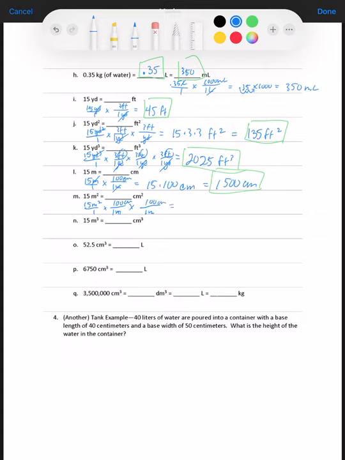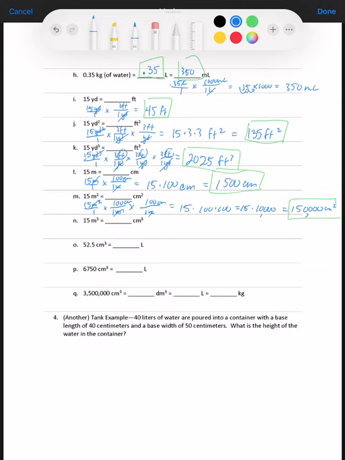Okay, and when we multiply those, we cancel these here, and we get 15 times 100 times 100. That's equal to 15 times 10,000. So we're going to move the decimal over 4 places. 15, 1, 2, 3, 4. So we have 150,000 centimeters squared. Okay, so it's quite a bit of centimeters squared for every meter squared.